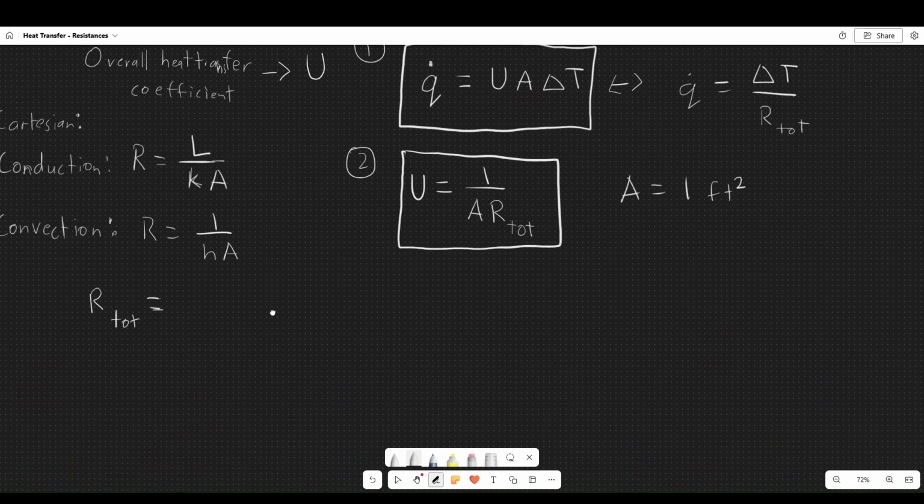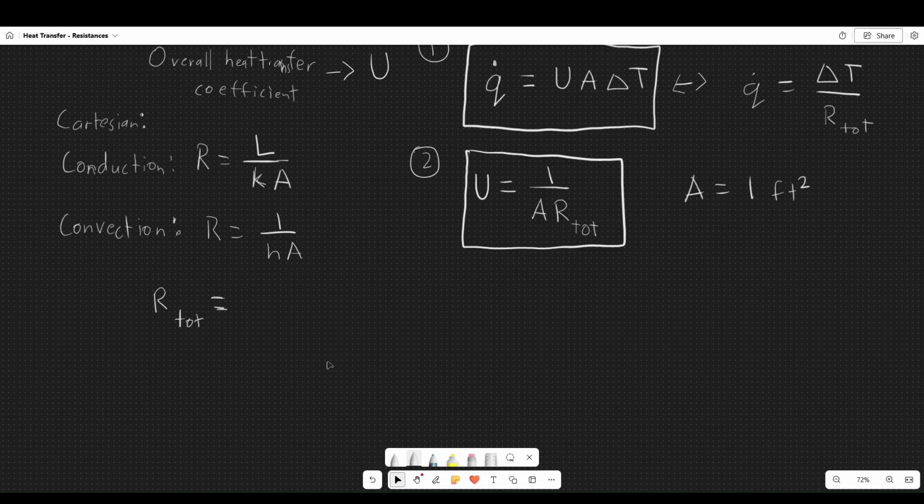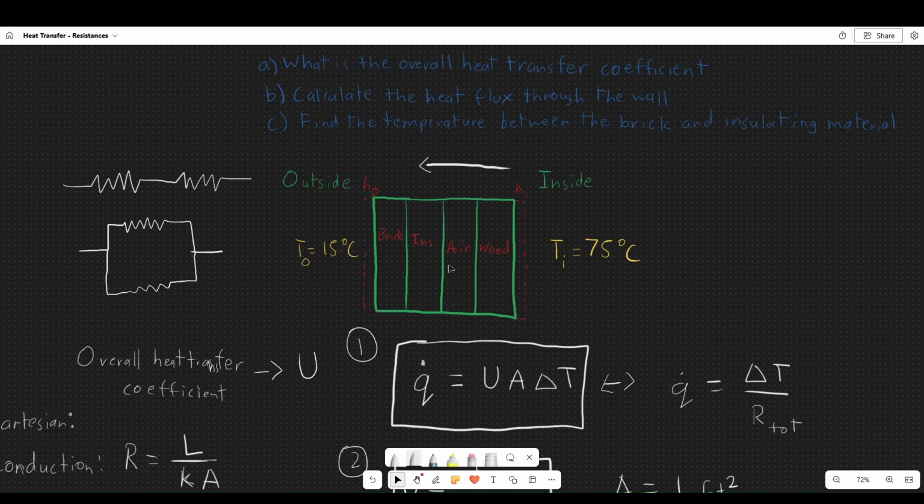So going back to our total, what this means is that we have, let's first work our way from the inside to the outside.